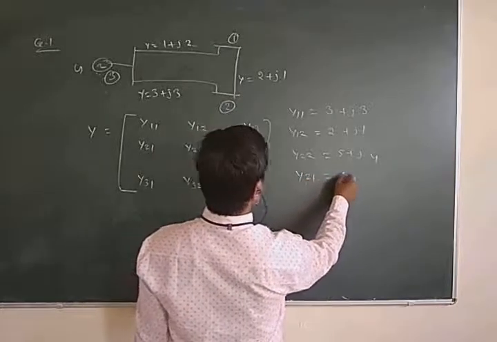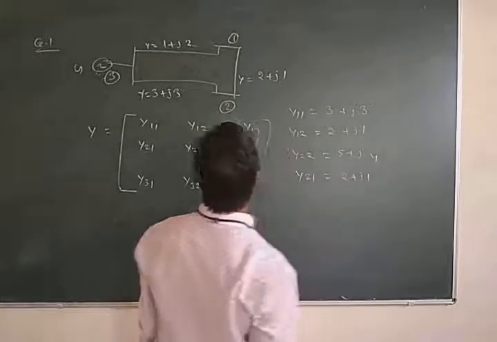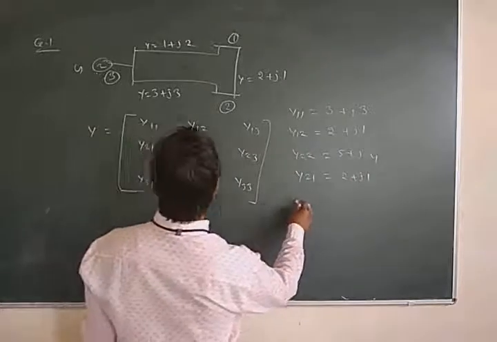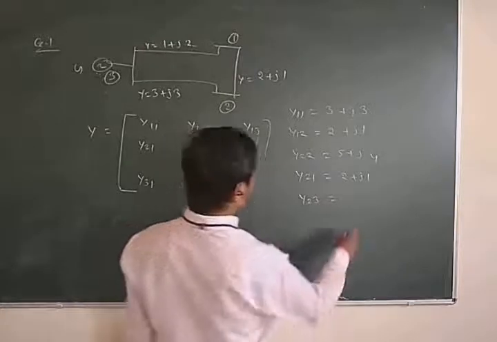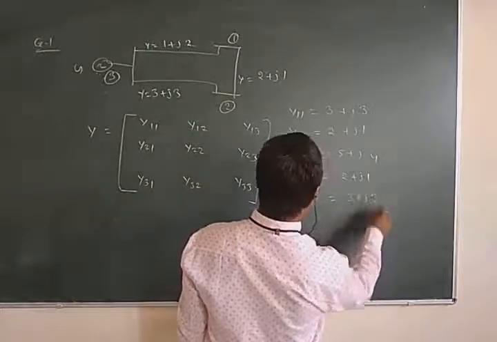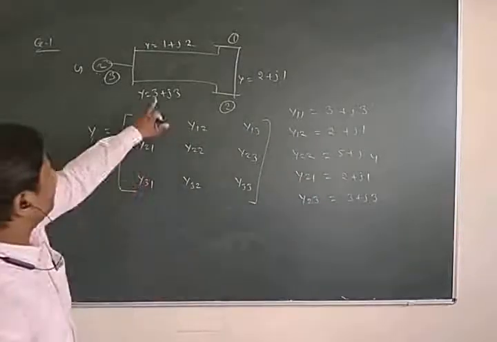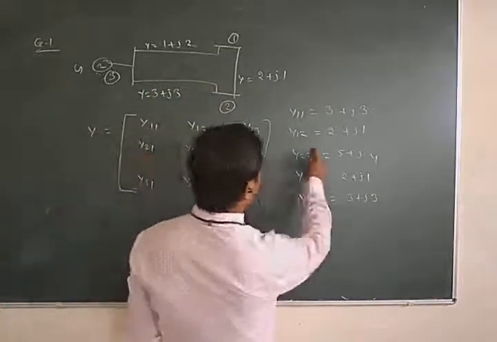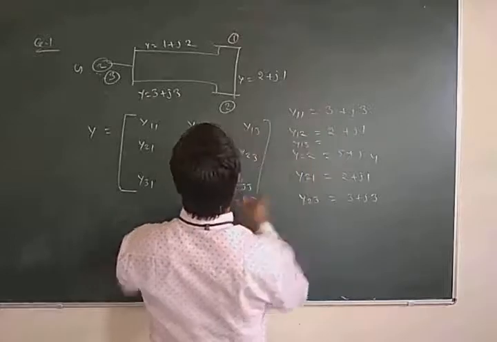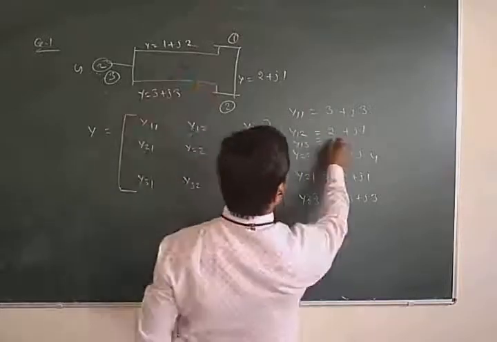Y21 is equal to 2 plus J1, Y23 is equal to 3 plus J3, Y13 is equal to 1 plus J2.